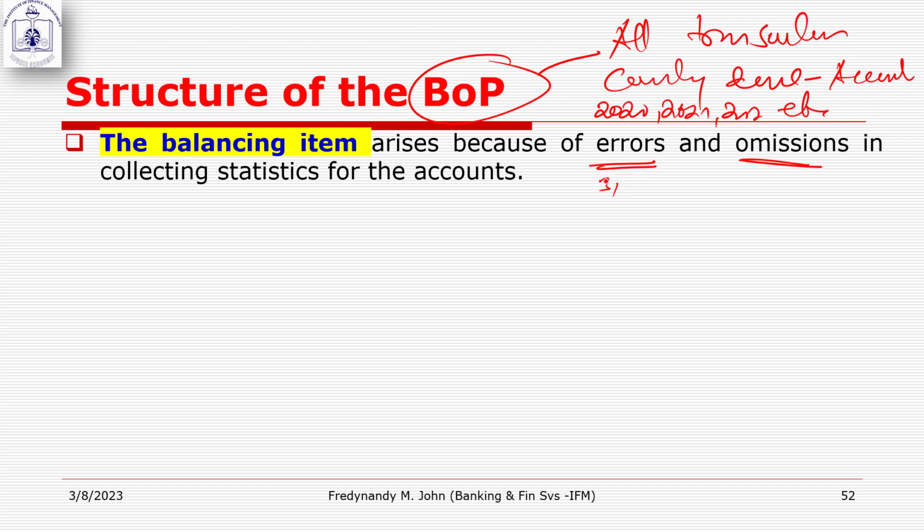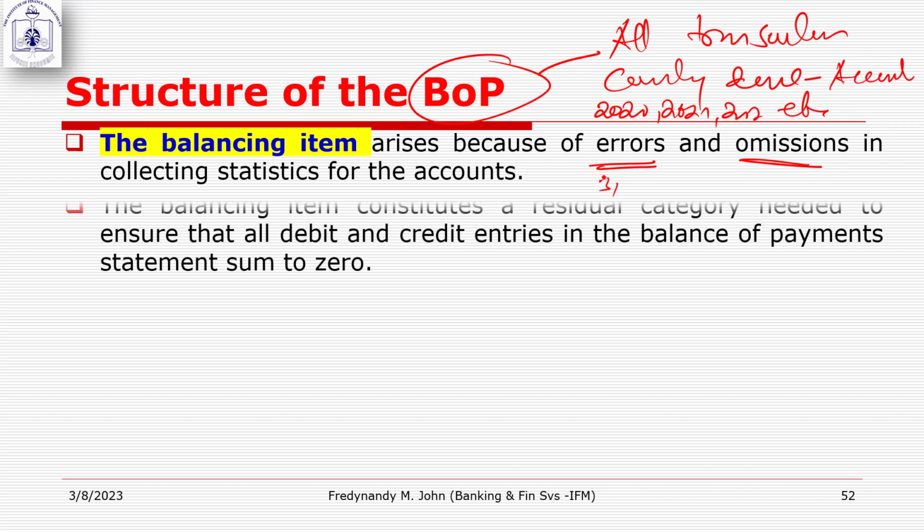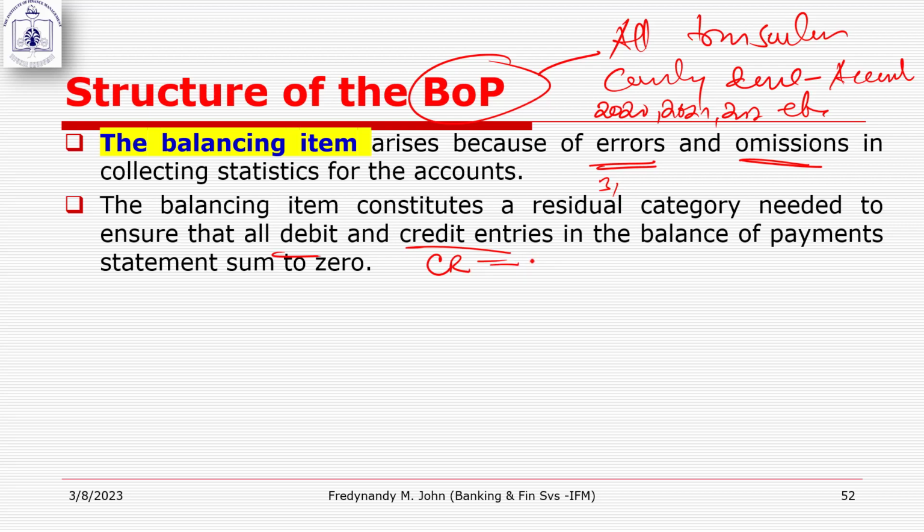Now, to correct the error, we use the balancing item. The balancing item consists of a residual category needed to ensure that all debit and credit entries balance, in the sense that the balance of payment sums to 0. Remember, I mentioned to you that every credit entry of the balance of payment needs to have a corresponding debit entry.